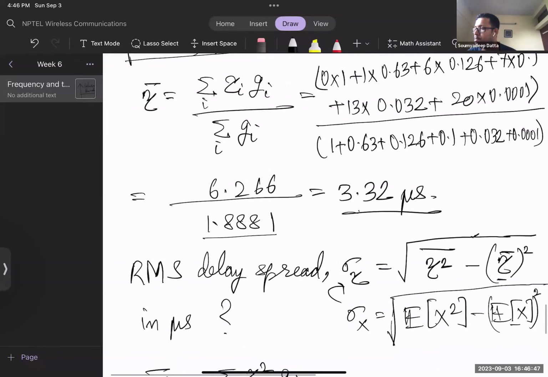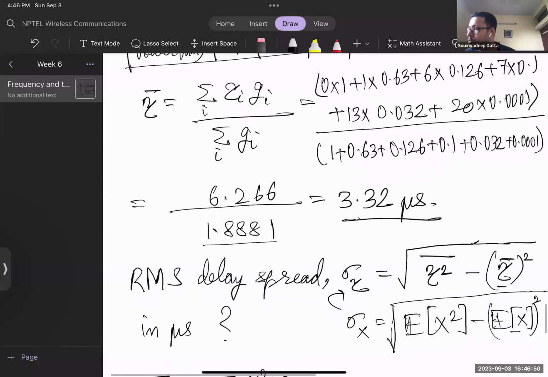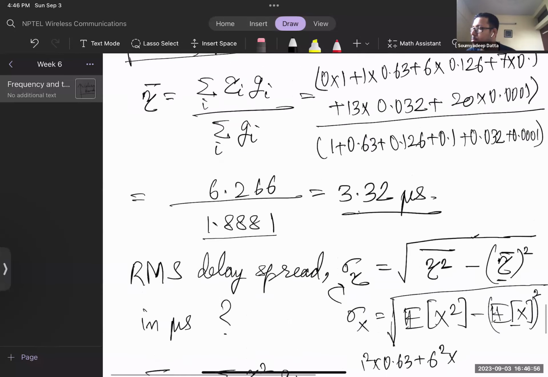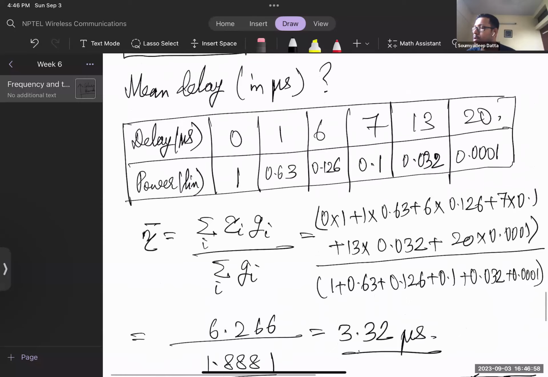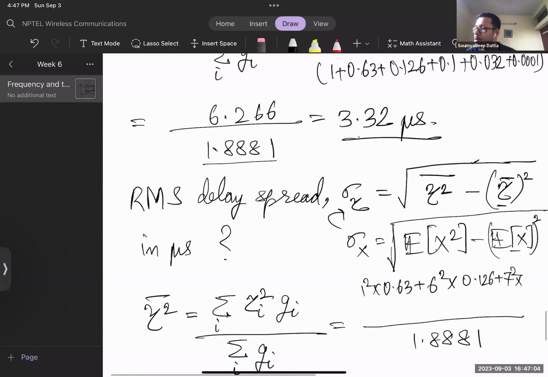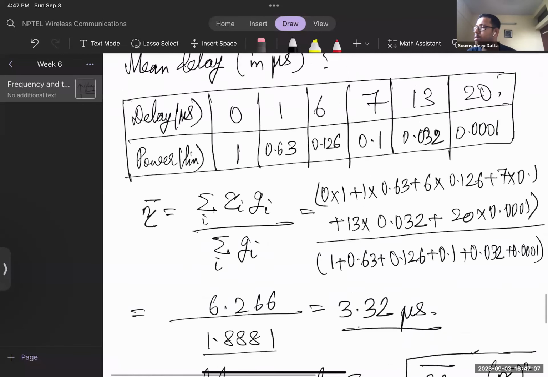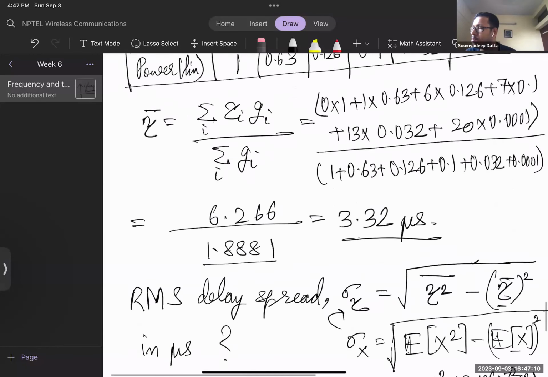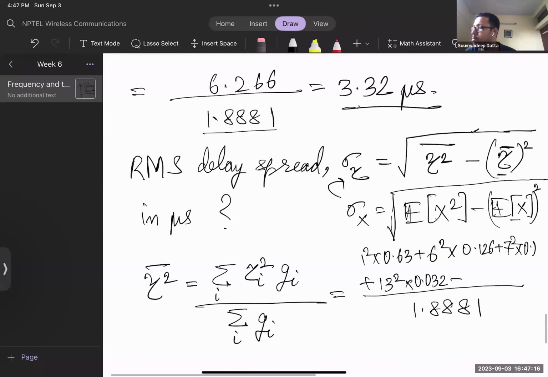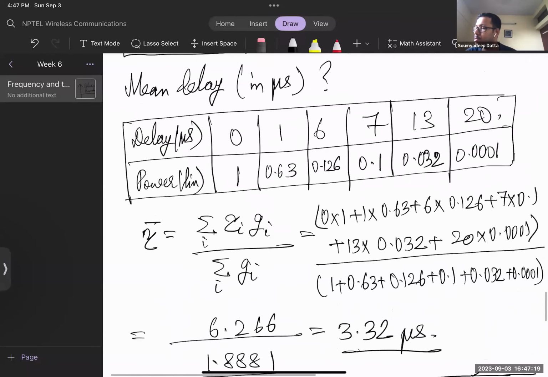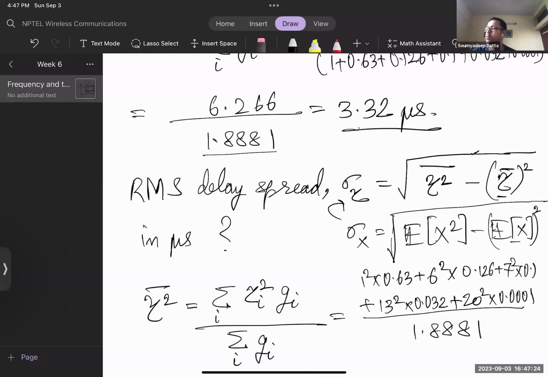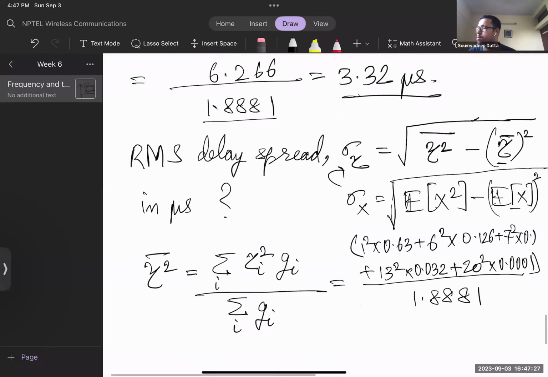The 0 term we can ignore. 1 square into 0.63 plus 6 square into 0.126, plus 7 square into 0.1, 13 square into 0.032, plus 20 square into 0.0001, right? So this numerator you have to calculate.